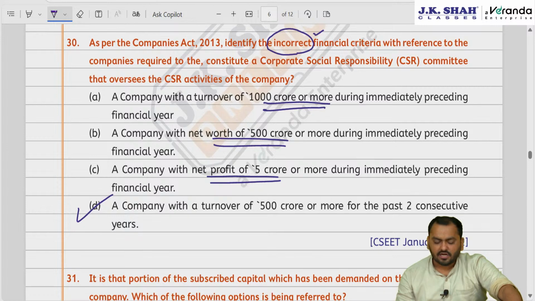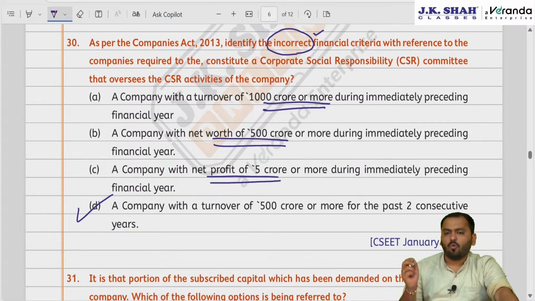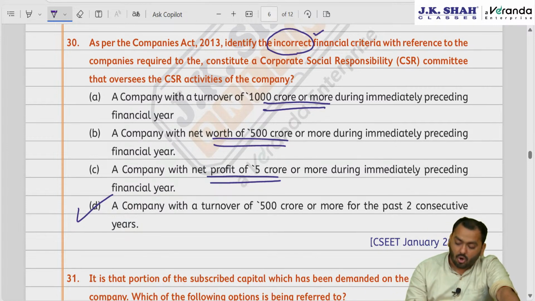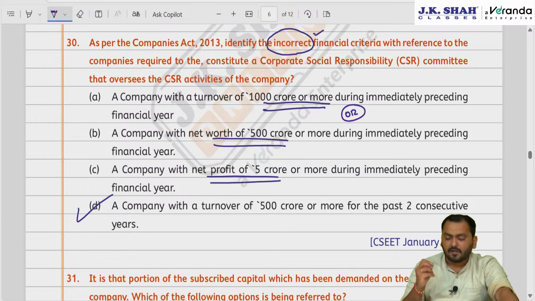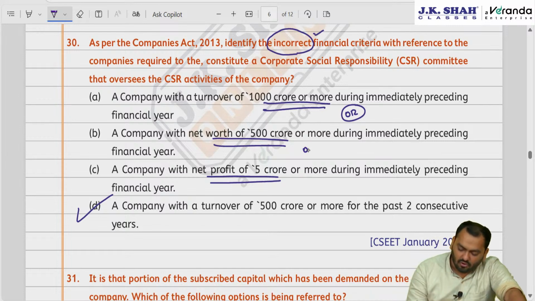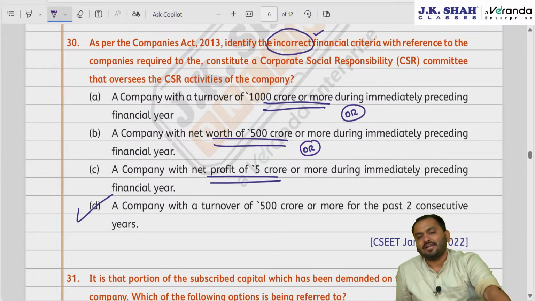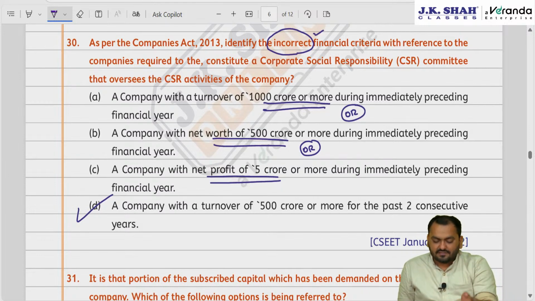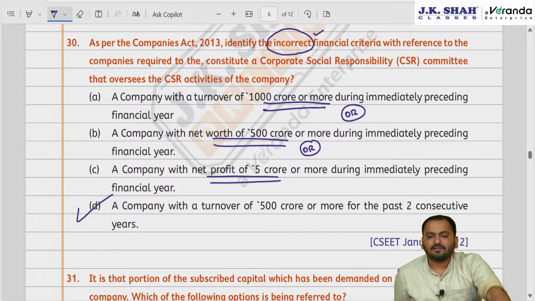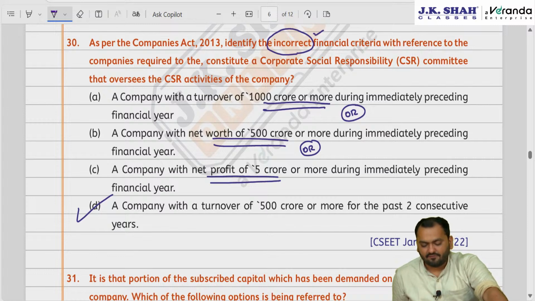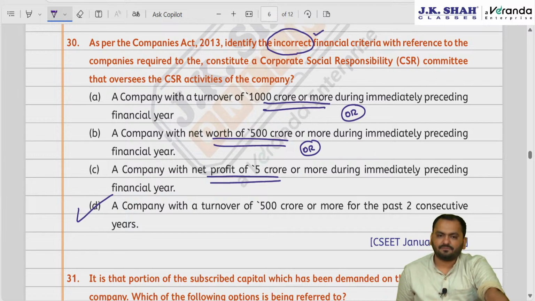Which conditions? A company having turnover of 1000 crore or more, or net worth of 500 crore or more, or net profit of 5 crore or more. If any of these specified limits is satisfied, then the company has to form a separate committee called the CSR committee, and then proceed with the CSR activity.